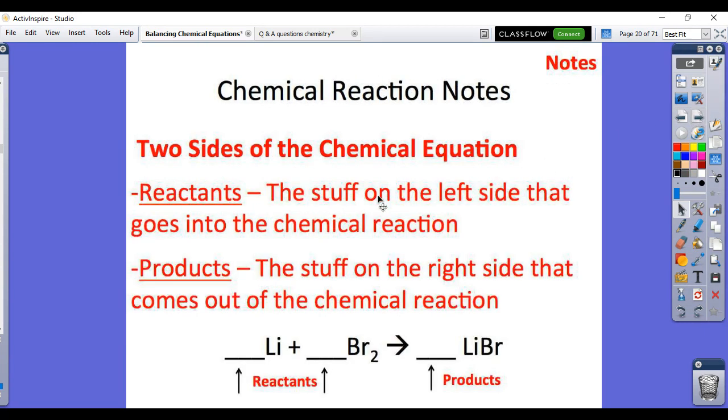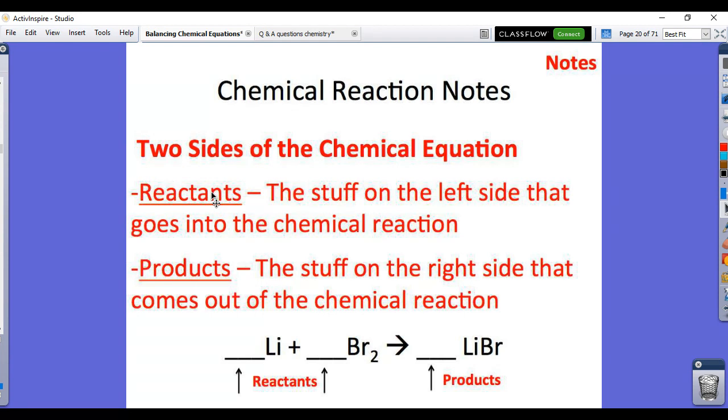So the parts of a chemical reaction, we kind of mentioned that earlier. There are 2 sides of a chemical equation. You have your reactant, which is on the left side of the arrow. Here's our arrow that separates the left side from the right. The left side is called the reactant. Then you have your arrow, and the right side of the arrow is called the product.